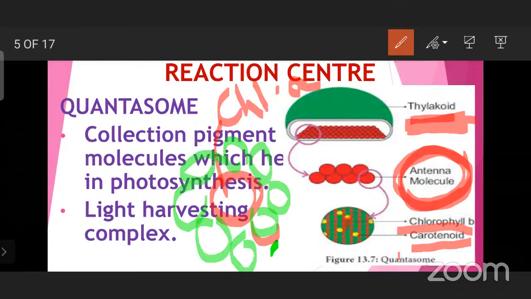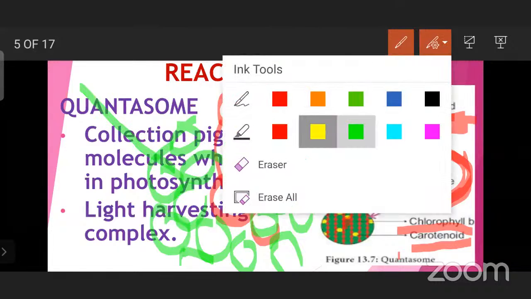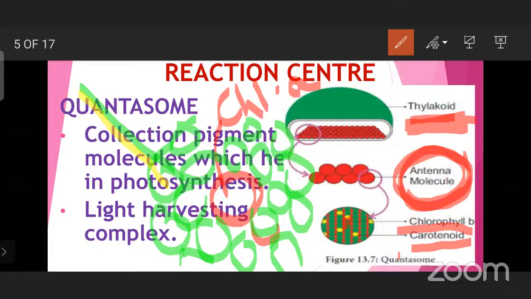These make up the antenna complex, which traps the solar energy and passes it one by one. The solar energy is taken and passed to the next, and finally chlorophyll A takes the energy, and it is going to be the reaction center.